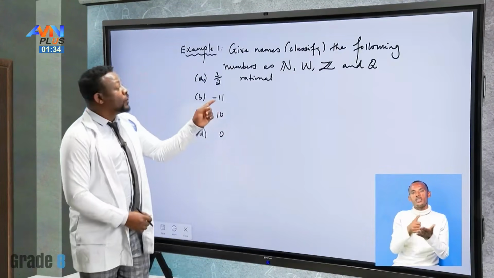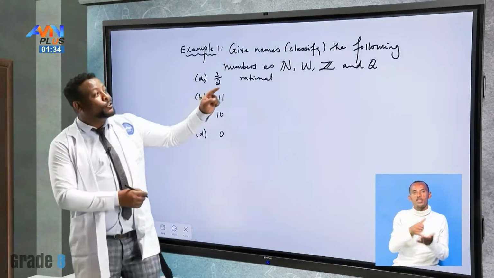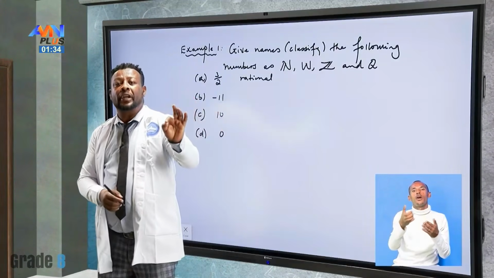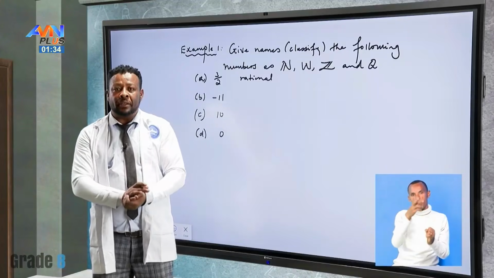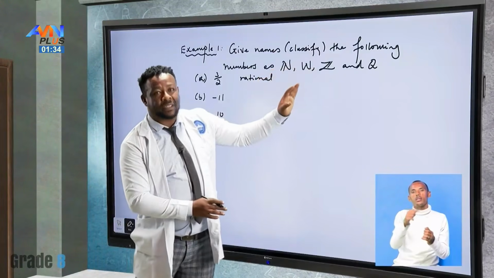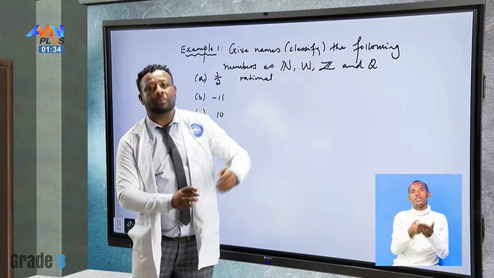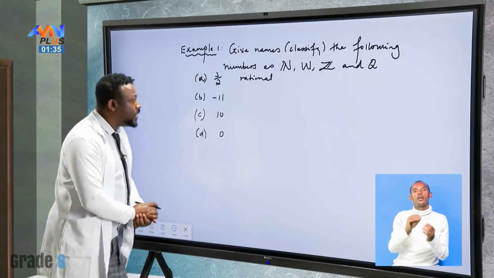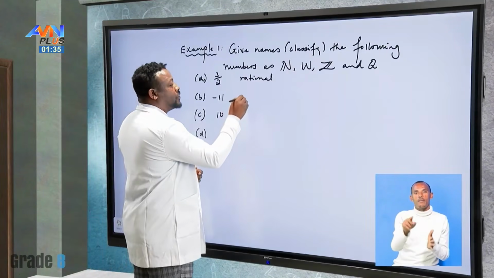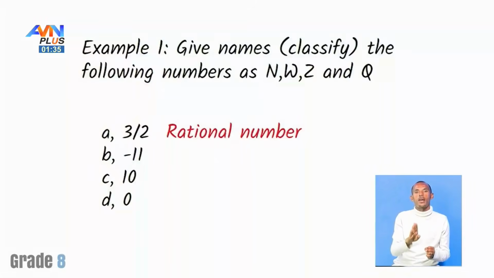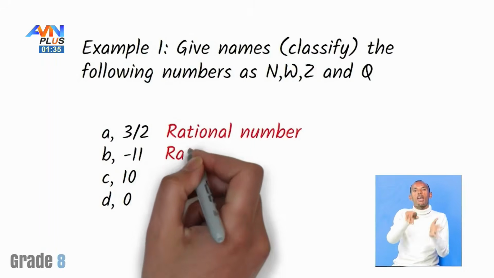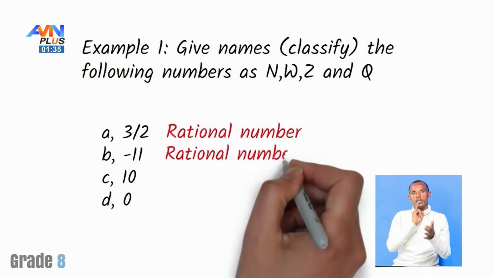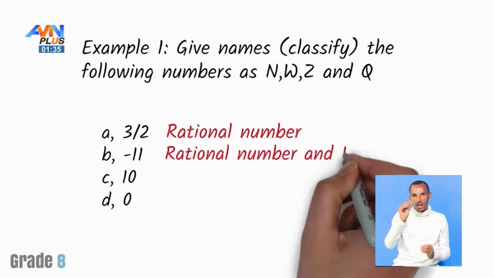It's an element of integers, and it's also an element of rational numbers. Every integer is a rational number, right? Every member of these 3 sets can be a member of rational numbers. So minus 11 can be considered as a rational number and an integer, okay? You can give a naming for this as rational number and integer, right?